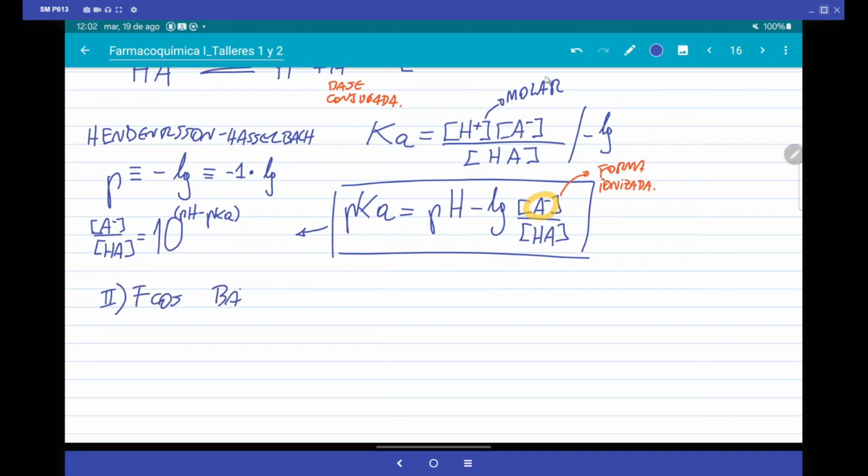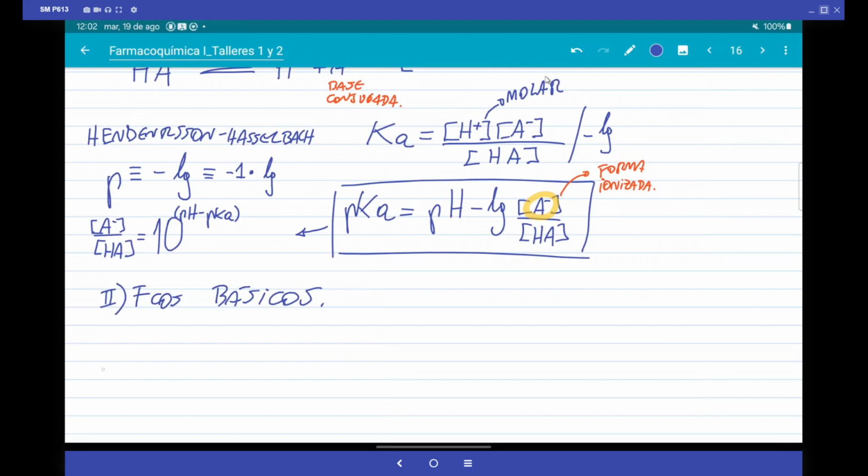Basic drugs: you already know that a basic drug is a protonable amine. The basic drug can release a proton when it is ionized.